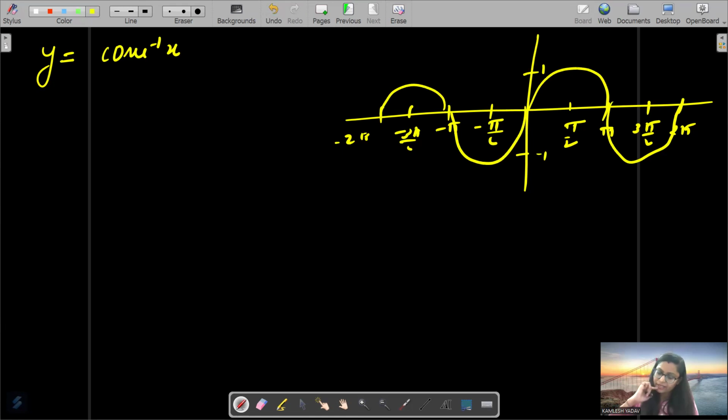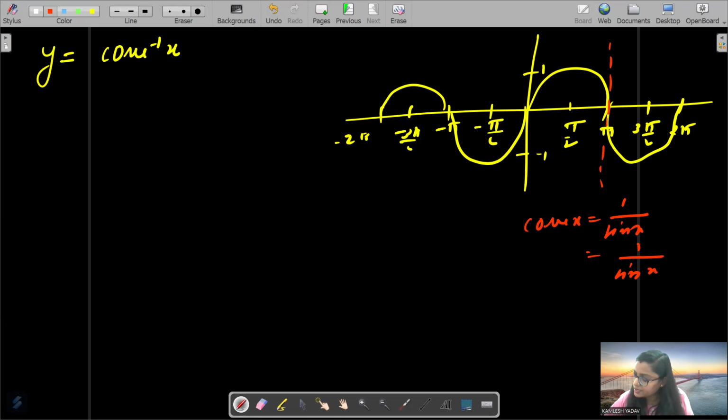And we know that cosec x is not defined at pi. Why is it not defined at pi? Because cosec x is also written as 1 upon sin x, and when we put x equal to pi, we get 1 upon sin pi, which means 1 by 0, and that becomes undefined.